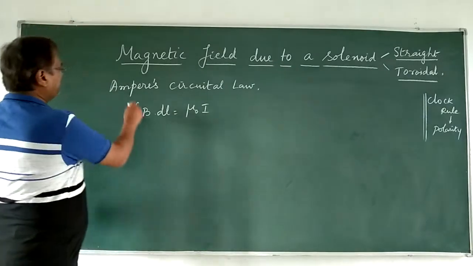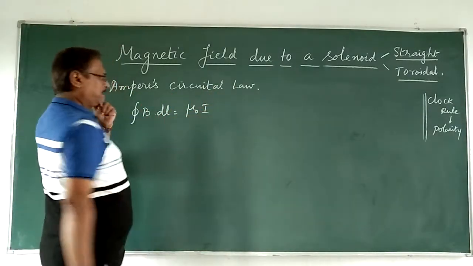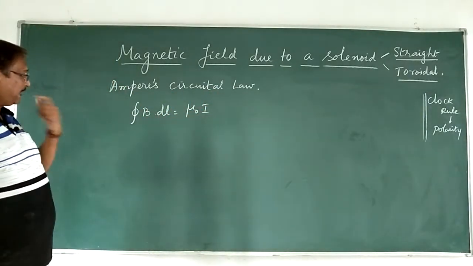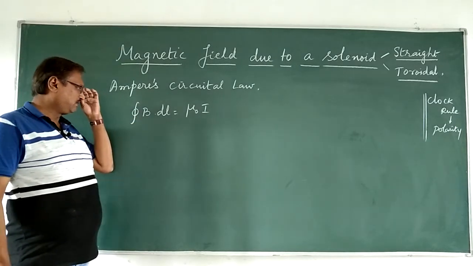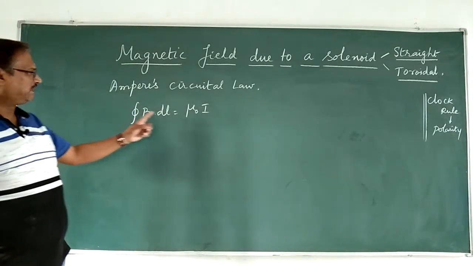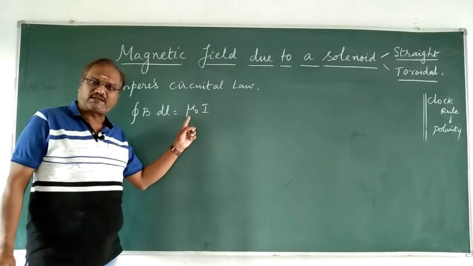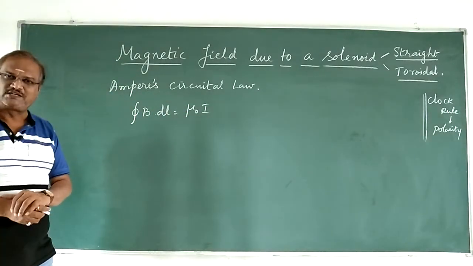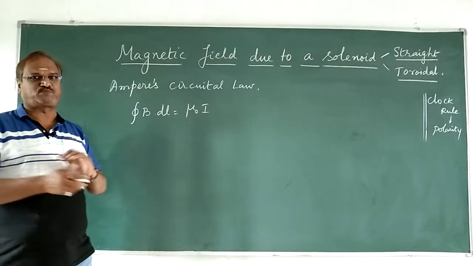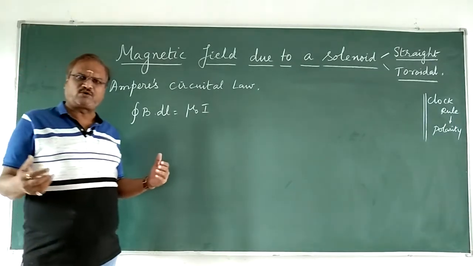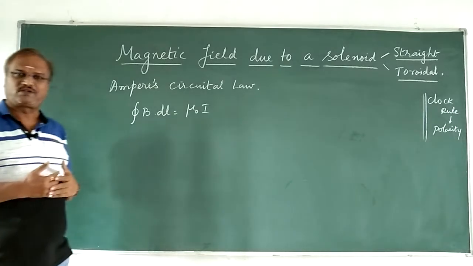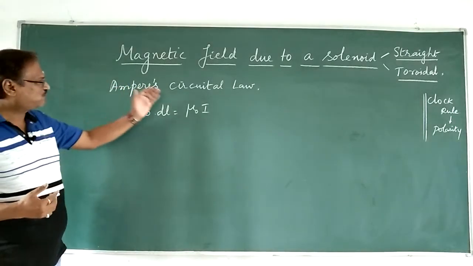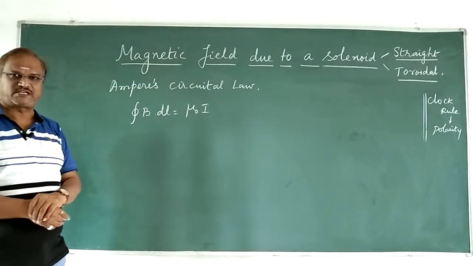Now, I am going to take Ampere's circuital law. We studied that the line integral of the magnetic field over a closed loop is equal to mu naught times I, where mu naught is the constant permeability of free space. And we also learnt about Biot-Savart's law. Now we moved from Biot-Savart's law to Ampere's circuital law.